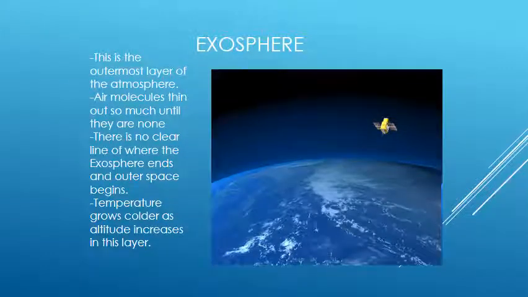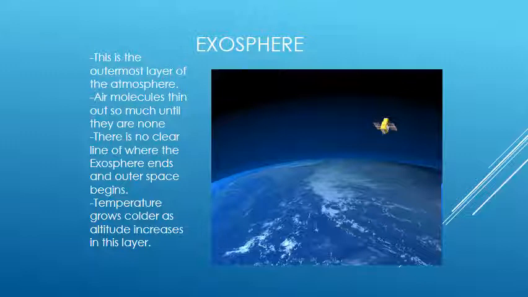The exosphere. This is the outermost layer. Air molecules get so thin and far apart there that eventually, if you go high enough in the exosphere, they cease to exist at all. That's why there's no air in space. There's no clear boundary between the exosphere and outer space.